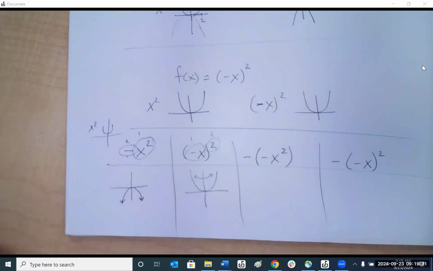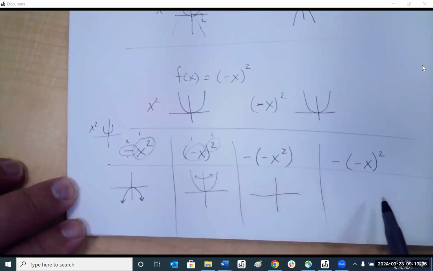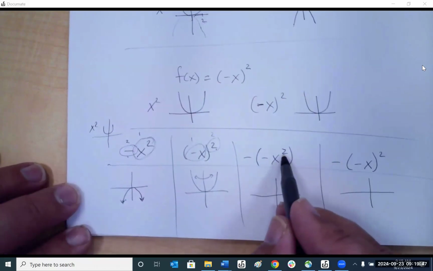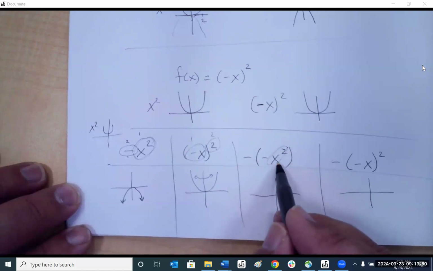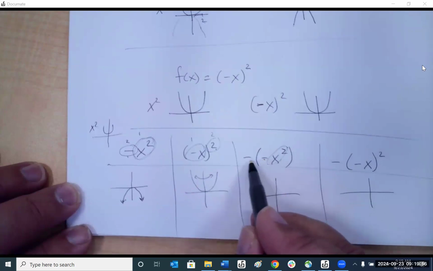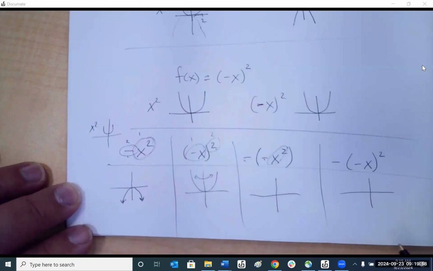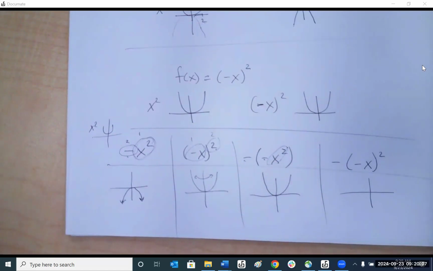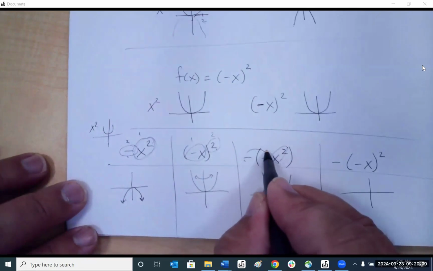How about this one? Still on the y-axis. Which way? Nope. Yep, because this one, we would first square it, change the negative, and change the negative, because these negatives will cancel.